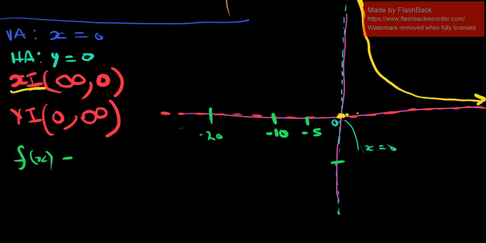Therefore, we are rotating that drawn graph by 180 degrees. This one is rotated by 180 degrees from the original, and then our graph will look something like this.